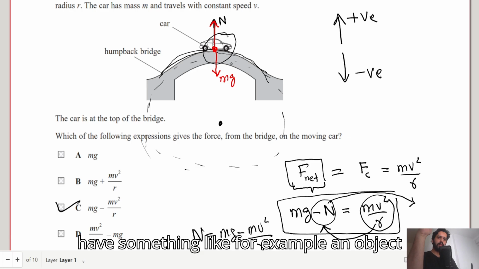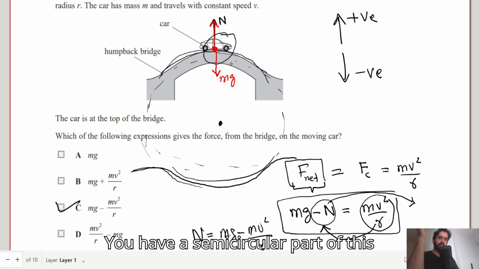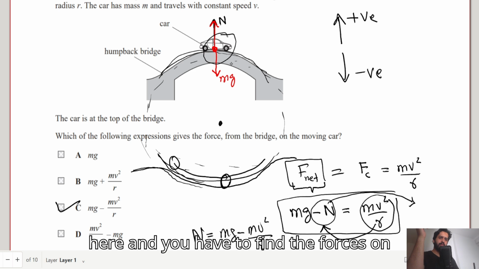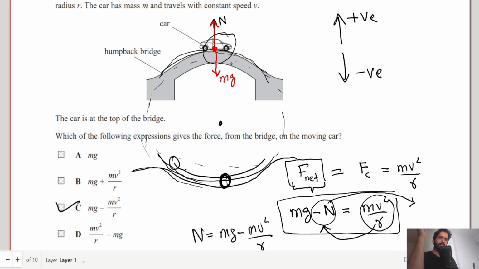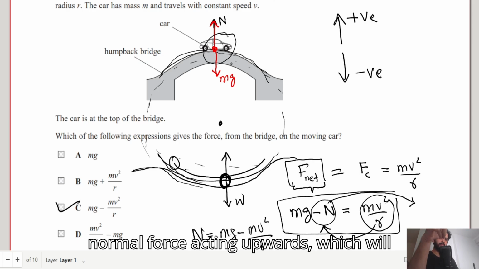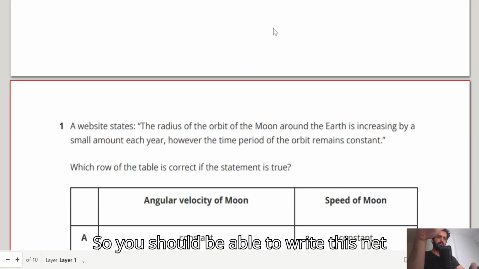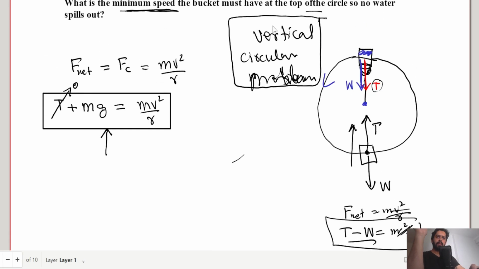So you can also have, for example, an object going on a road that looks like this. You have a semicircular part of this road and you have a marble that rolls here, and you have to find the forces on the marble here. So in this case, again, you'll have weight acting downwards and normal force acting upwards, which will play the role of the tension force, right? So you should be able to write this net force equation for all of these cases.